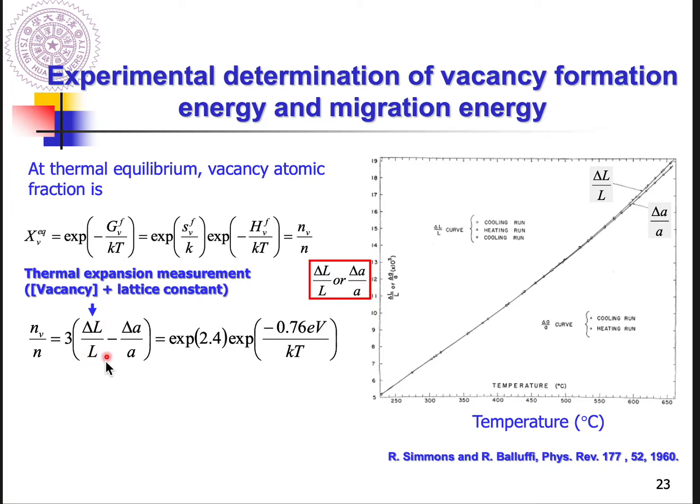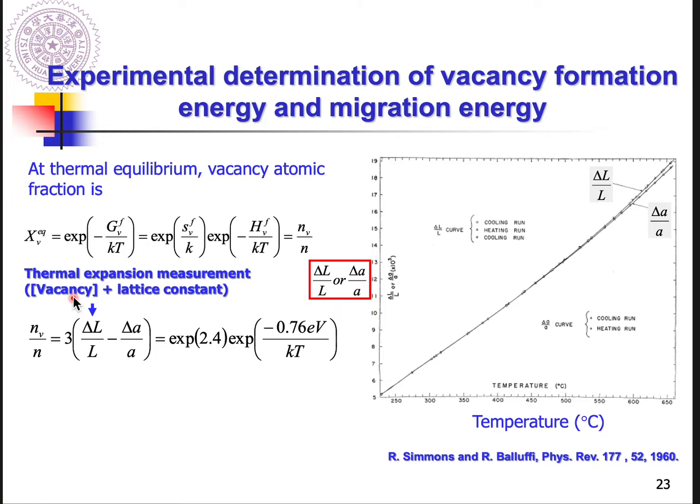the thermal expansion in the length, in the diameter, and you subtract the increase in lattice constant, then the residual part will be the contribution from the increase in the number of vacancies. Because as long as you heat your materials up, you can observe the thermal expansion effect, right?